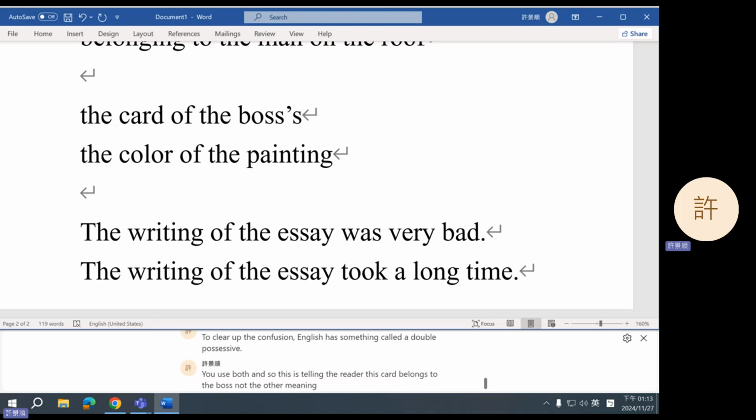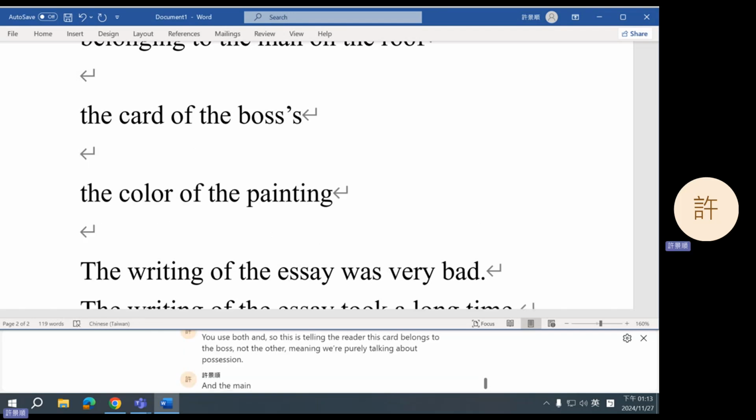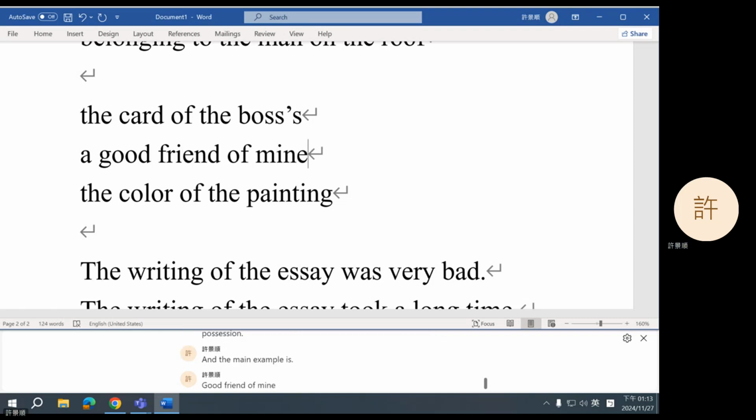We're purely talking about possession. And the main example is a good friend of mine. Think about this. Mine is a possessive pronoun. Of is also possessive. So this is a double possessive. It's emphasizing this is my friend.